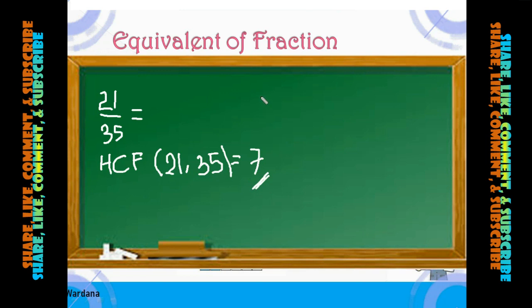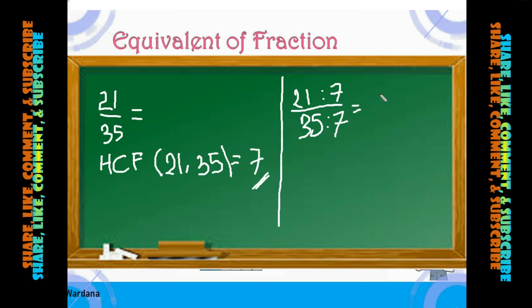And then, the lowest term of 21 per 35 is 21 per 35, divided the numerator and denominator by the value of HCF of them. So, 21 divided by 7, and then 35 divided by 7 also.